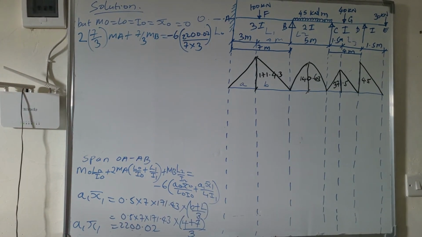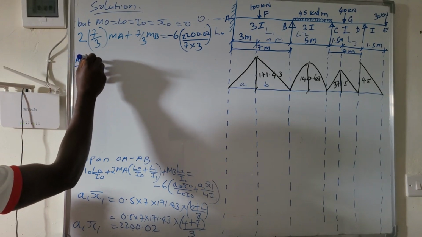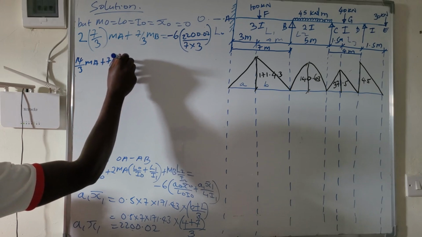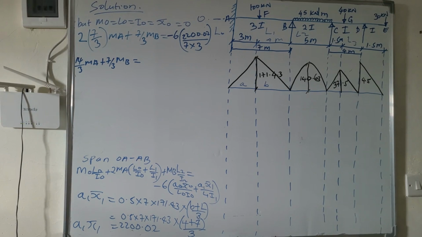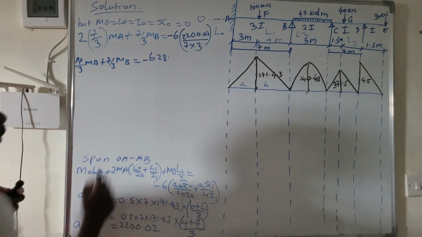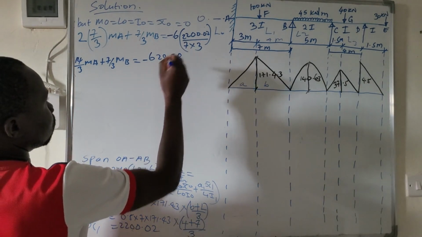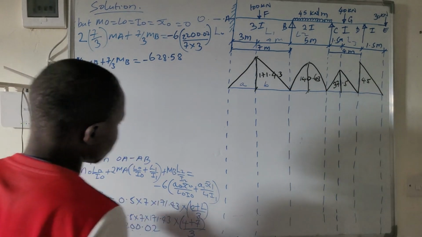So we will have 14 over 3 MA plus 7 over 3 MB is equal to negative 628.58. So this is equation 1. Call it equation 1.